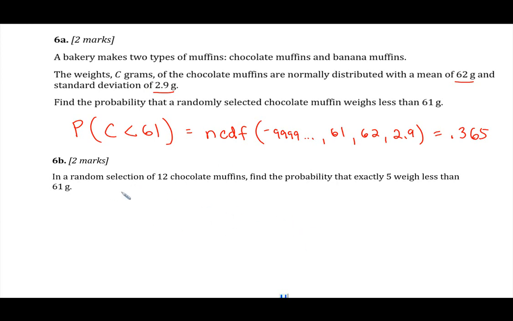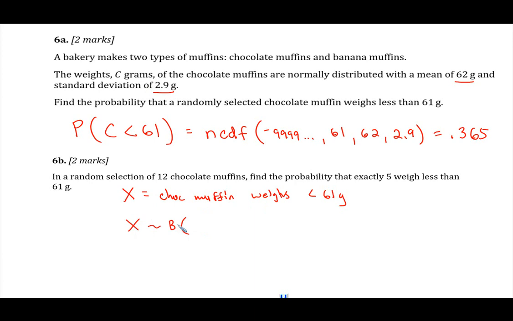If we let X represent a chocolate muffin that weighs less than 61 grams, this would be a binomial distribution because it meets our 4 requirements for a binomial distribution.